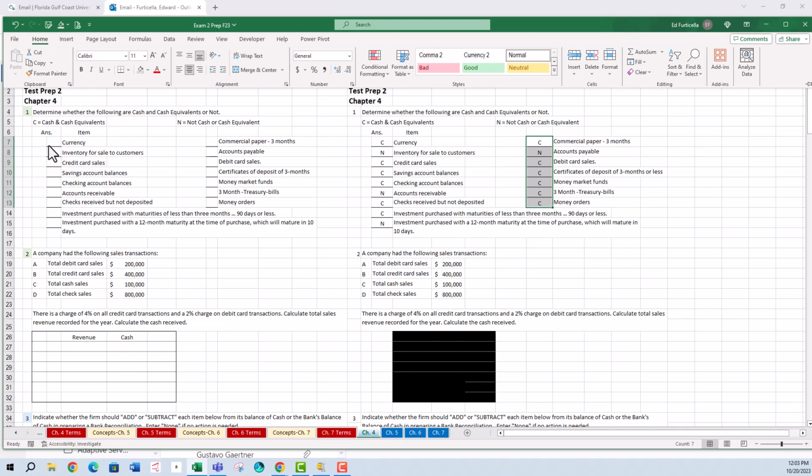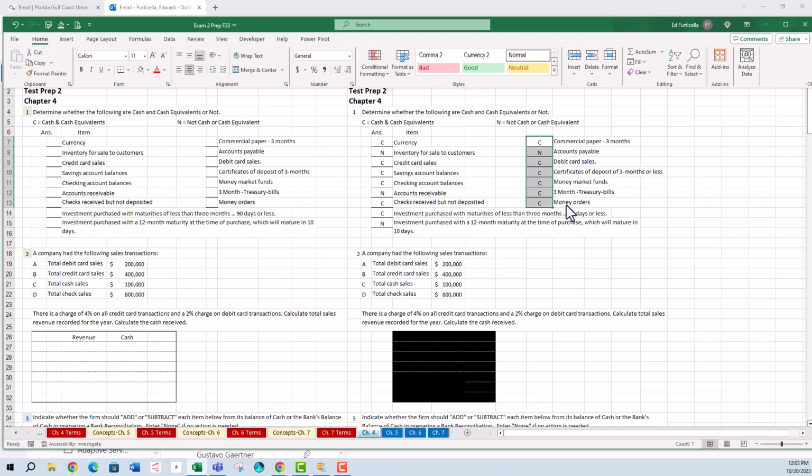So in this case, we say that cash and cash equivalents include currency, credit cards, savings accounts, checking accounts, checks received, investments purchased with maturities of less than 3 months, commercial paper, debit card sales, certificates of deposits, money market accounts, 3-month treasury bills, and money orders.